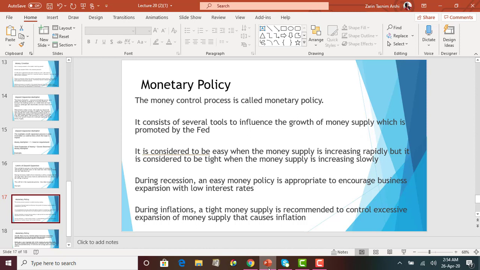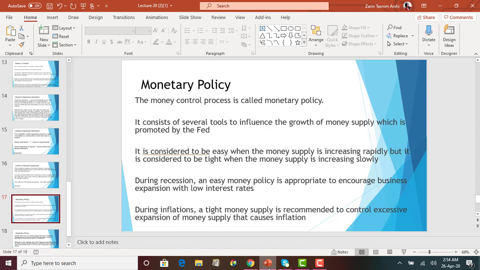Now, monetary policy can be of two types: easy monetary policy or tight monetary policy. Easy monetary policy is when we are trying to increase the money supply, and tight monetary policy is when we are trying to decrease the money supply. We will use easy monetary policy during recessions, when the economy is slowing down, people are losing jobs, and there's not much economic activity going on.